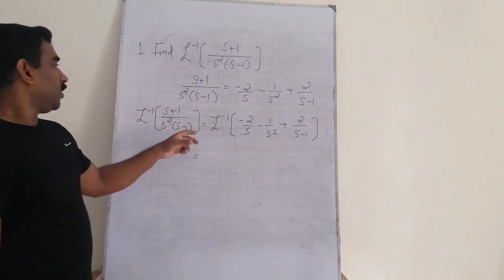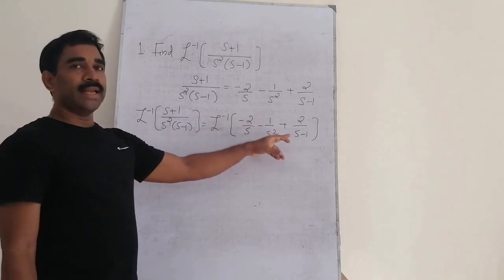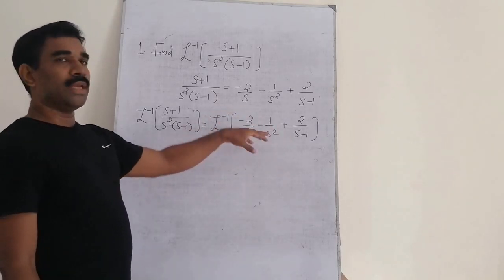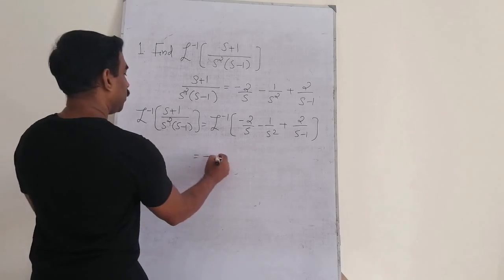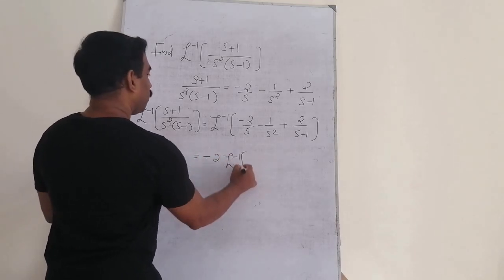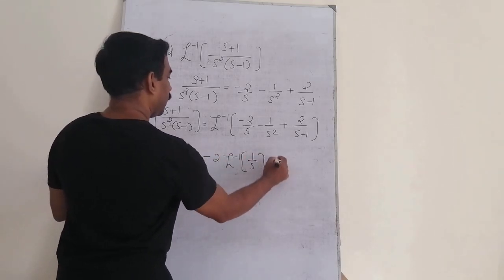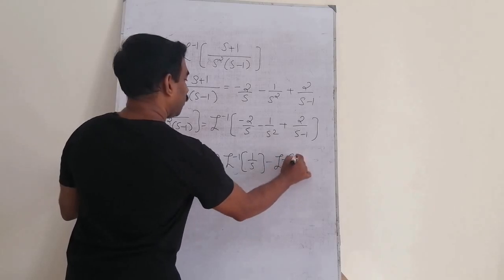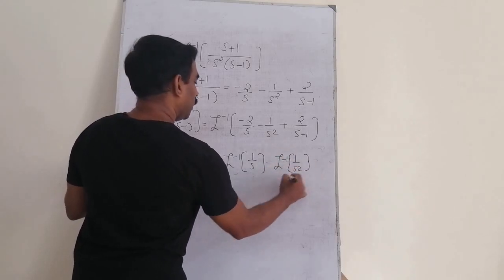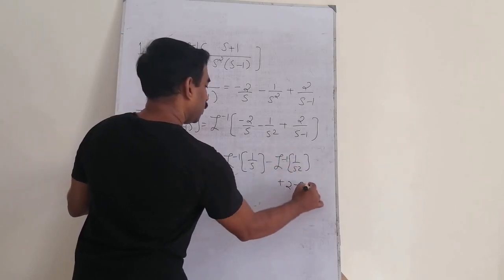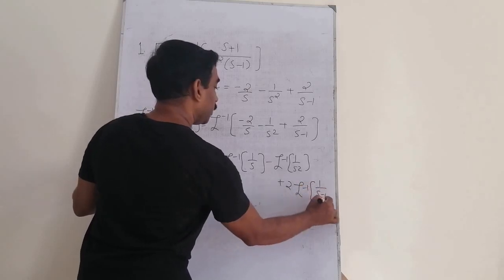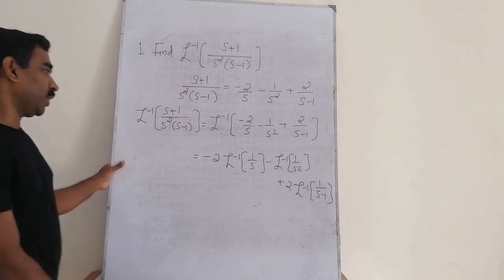And we know that L is linear in nature, so L inverse is also linear. So we can rewrite this expression as -2 L inverse of 1/s - L inverse of 1/s^2 + 2 L inverse of 1/(s - 1), using the linearity property.